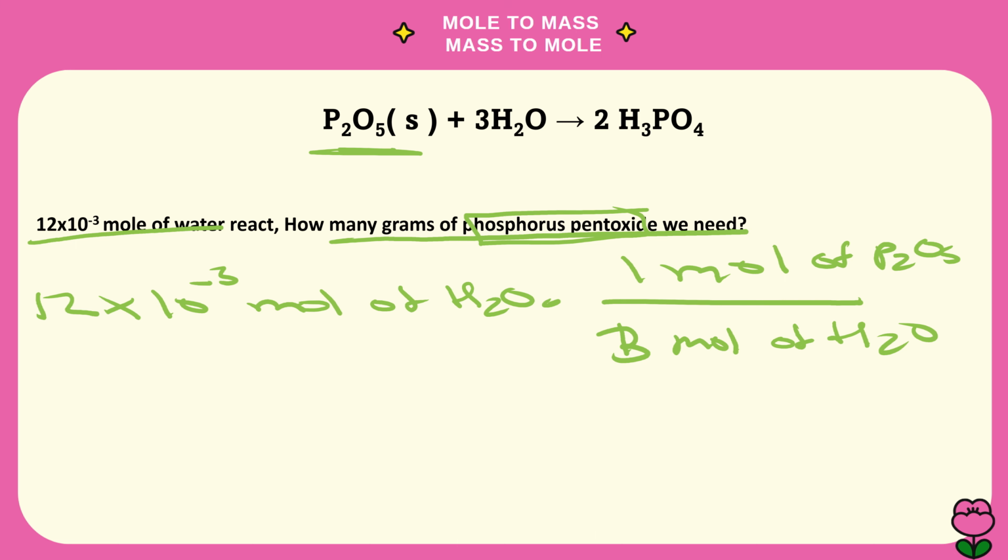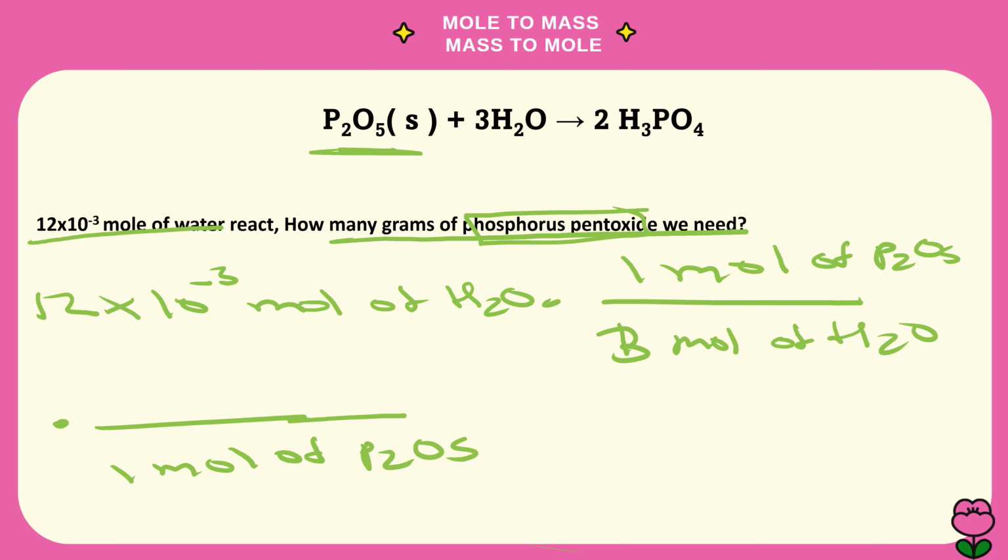Then you want to convert it to grams, because the question wants grams, not moles of phosphorus pentoxide.